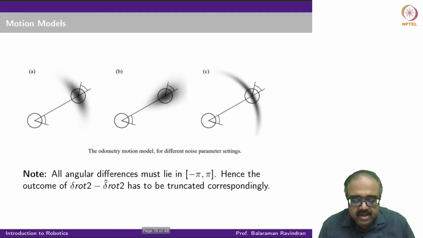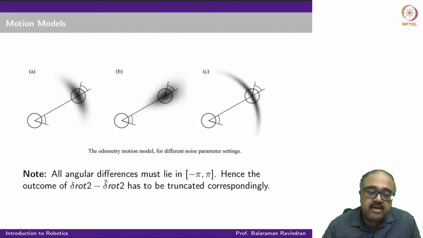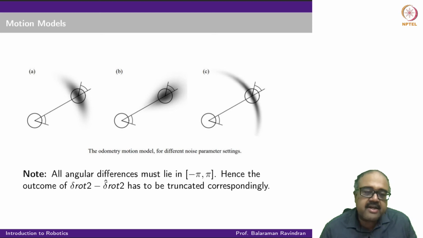Okay. And you can see the same setting here like we did with the different alpha settings. So this is again for a normal alpha setting, and you can see that both the angular and the translational spread, because all the alphas are normally spaced, and here is more translational error and lesser angular error, and in C I have more angular error and less translational error, exactly the same kind of parameter settings as we had earlier.